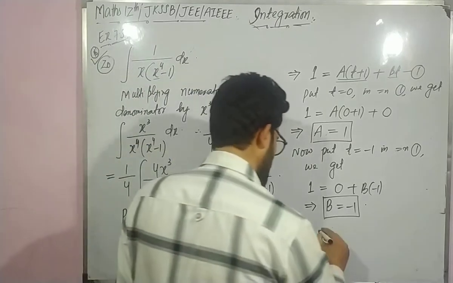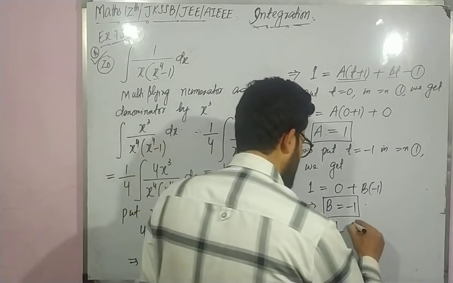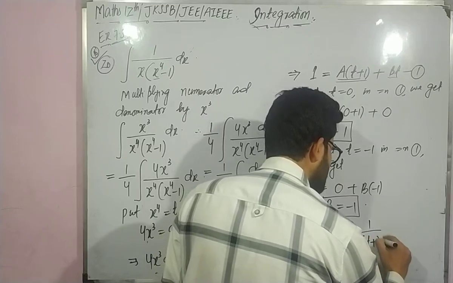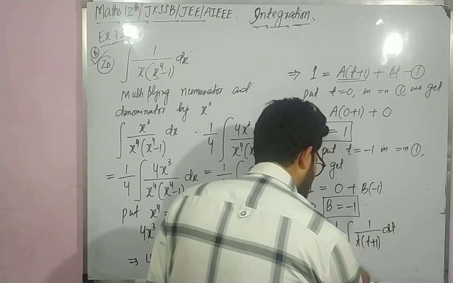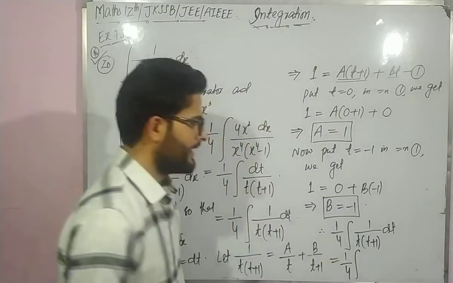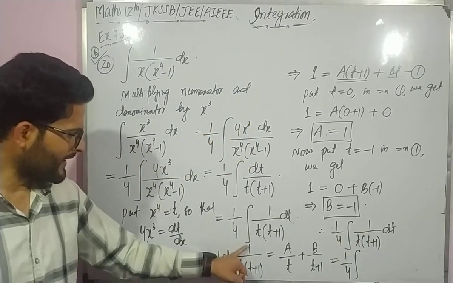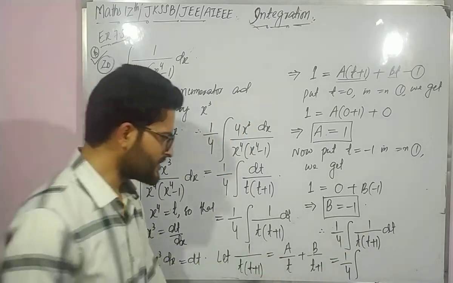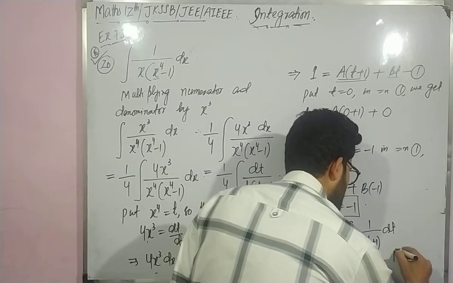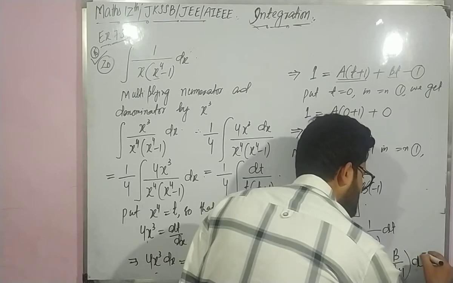So therefore the integral is 1 divided by 4, integration of 1 divided by t into t plus 1 dt. That can be written as 1 divided by 4 integration of, instead of 1 divided by t into t plus 1, we can write a divided by t plus b divided by t plus 1 whole dt.